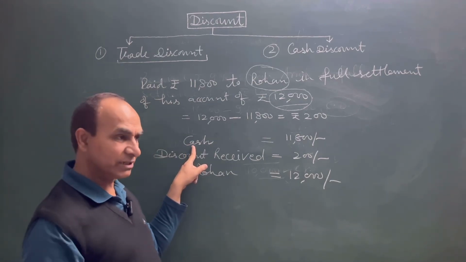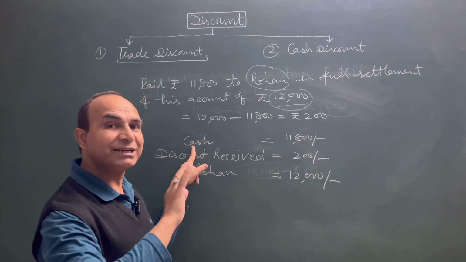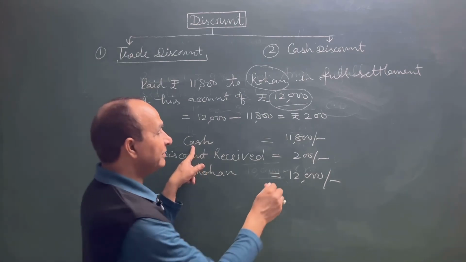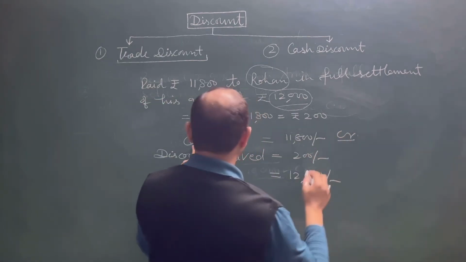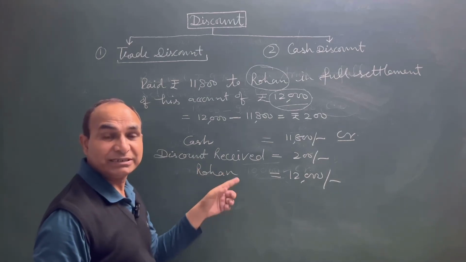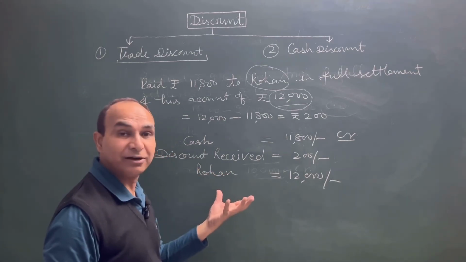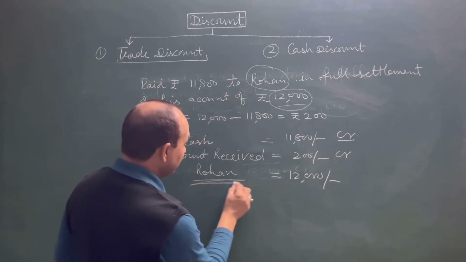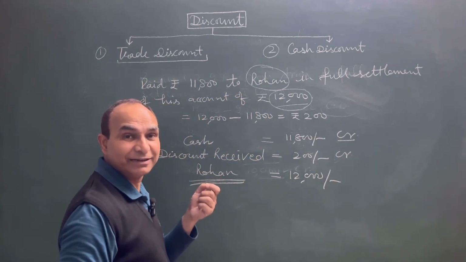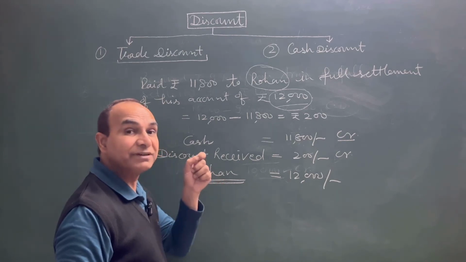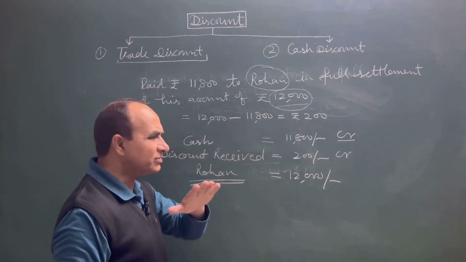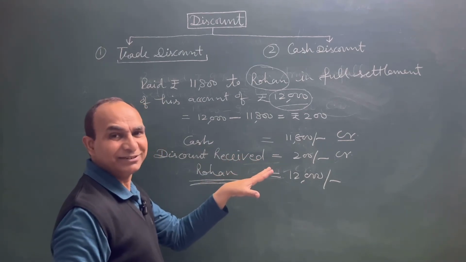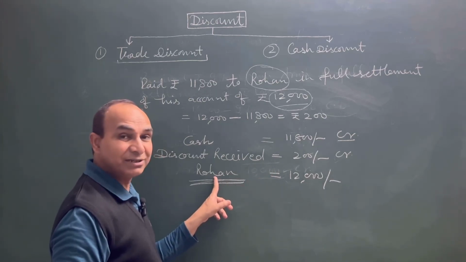Cash, real account. Credit what goes out. Whenever cash is outflowing, we credit this. Discount received, it is a gain, nominal account. That's why it will be credited. Rohan is our creditor, and whenever the account of a creditor is settled, naturally he or she is debited. So Rohan is a personal account.